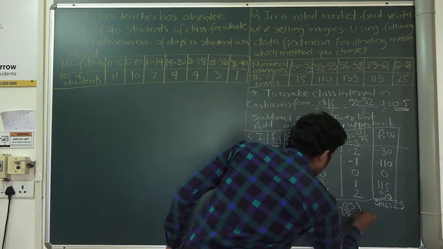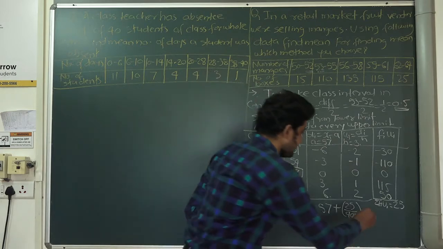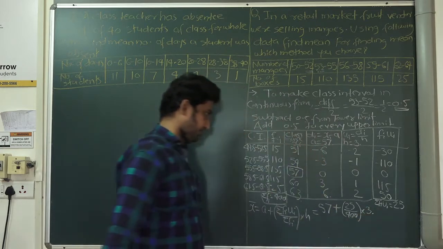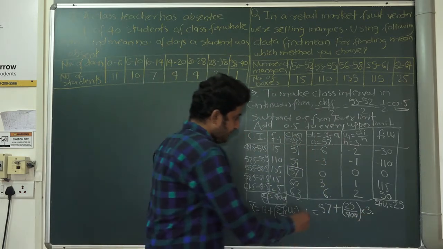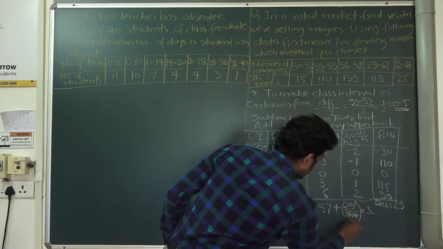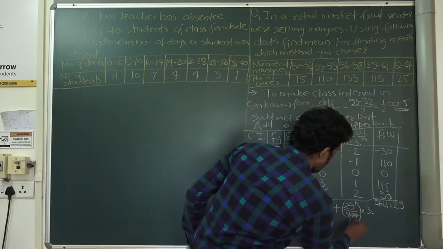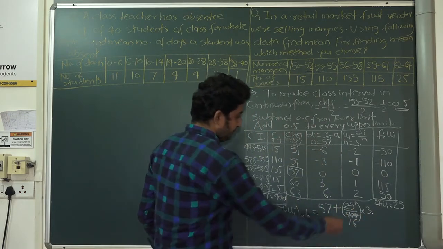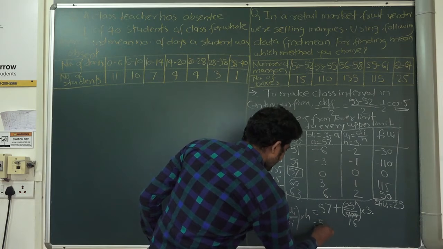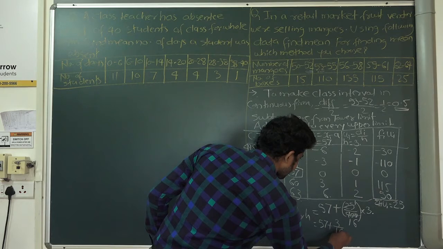Height h is what? We call this the height. Now if you perform the division here, that becomes 60. So this becomes 57 plus 3 by 16.